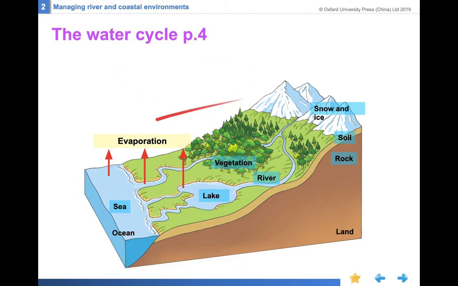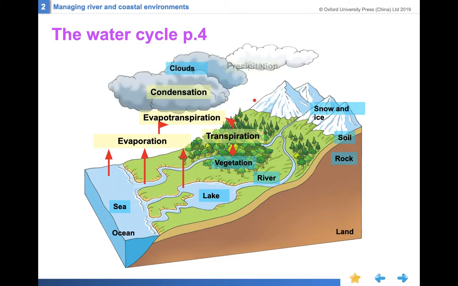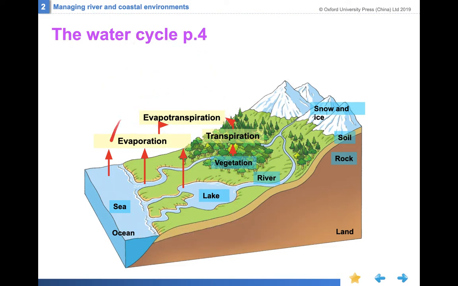They go to the atmosphere by the process that we call evaporation, transpiration, or these two together we call evapotranspiration. Evapotranspiration here means the processes of evaporation and transpiration together.